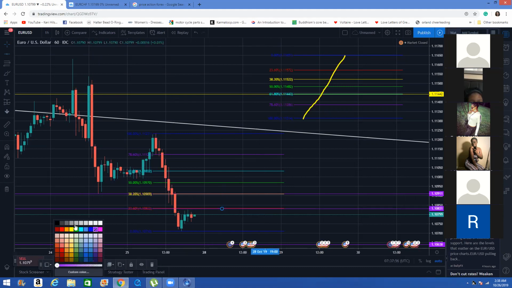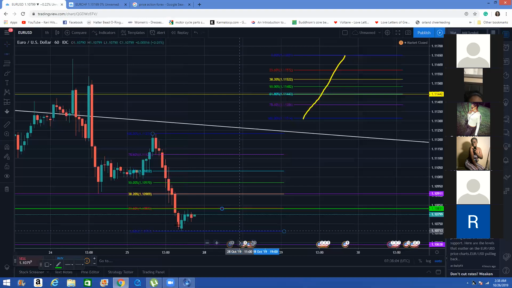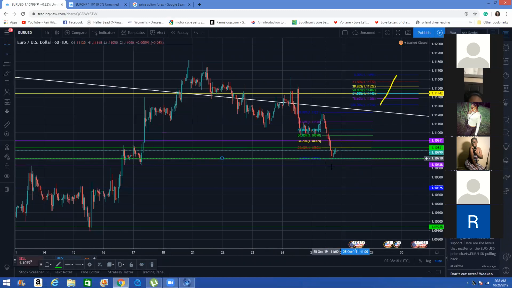Change it to name. Make it look thicker. Then I'm gonna do another one at my next support. Boom. And I can zoom out, and this could be my next one as well.